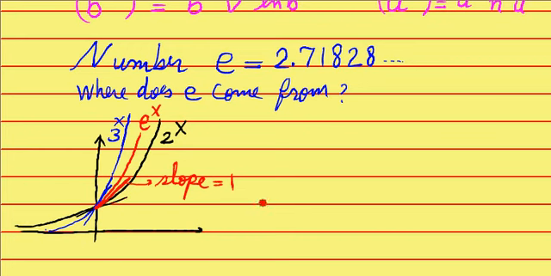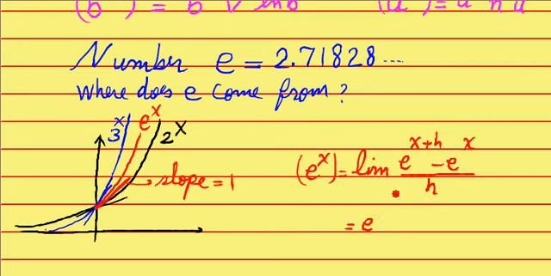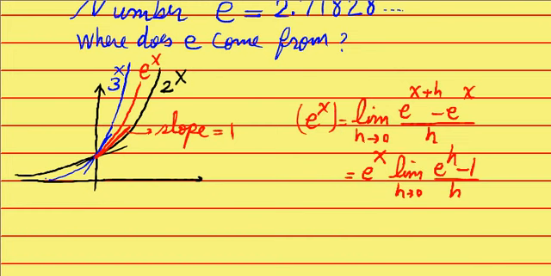Let's just remind ourselves, what does that mean? How would you take the derivative of e to the x? From material at the beginning of the class, this is the limit of e to the x plus h minus e to the x over h. We simplify this by saying e to the x can be factored out, and you are left with the limit of e to the h minus 1 over h as h goes to 0. If you wish, take x equal to 0.